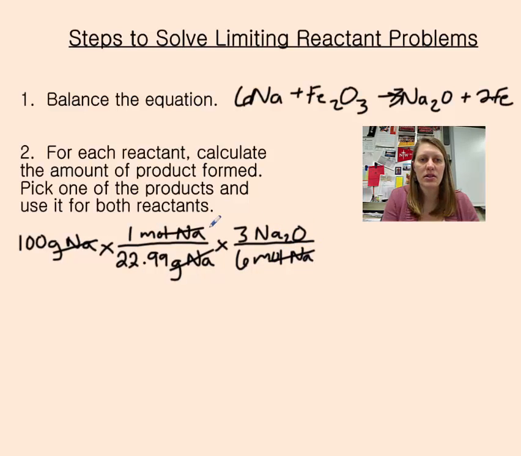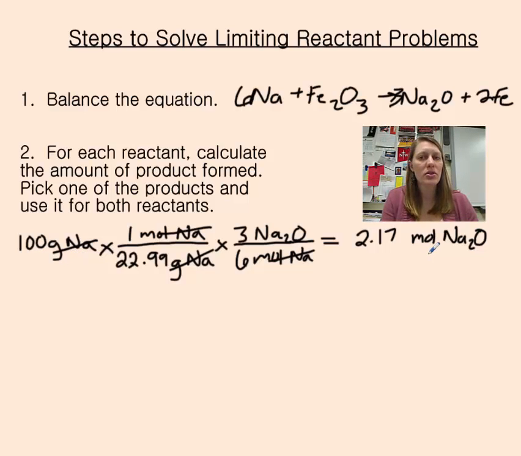So I can cross out all these units here. And then I would do the calculations for it, and I would get a total of 2.17 moles of Na2O. And that's if I would completely use all 100 grams of my sodium. That's how much of the product I would get.